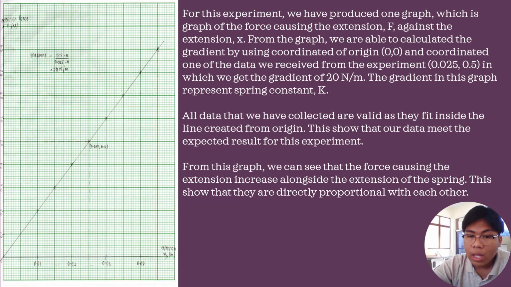All data that we have collected are valid as they fit inside the line created from the origin. This shows that our data meet the expected result for this experiment. From this graph, we can see that the force causing extension increases alongside the extension of the spring. This shows that they are directly proportional to each other.